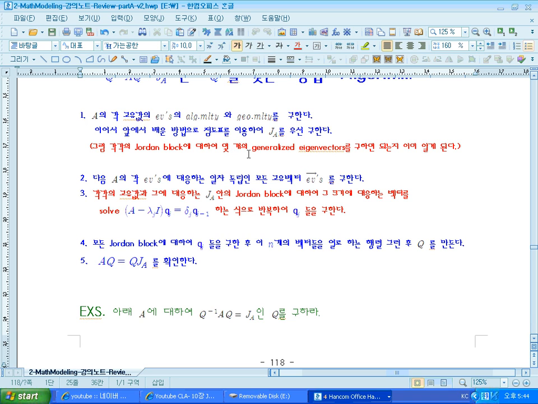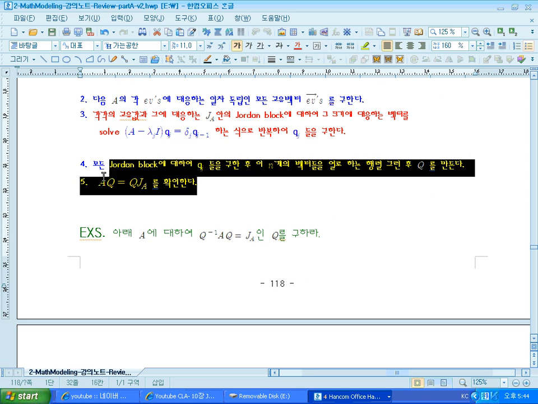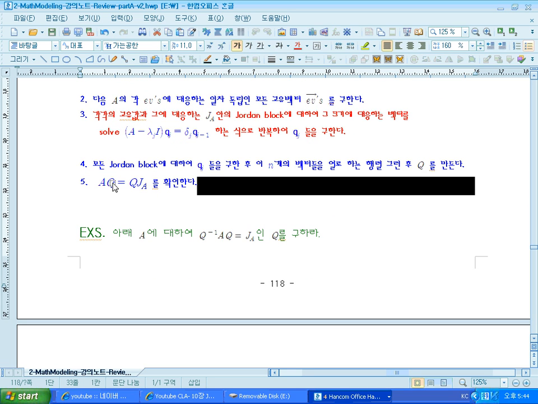Then from the linearly independent eigenvector, we produce the linearly independent vectors to fill out the invertible matrix corresponding to each Jordan block.